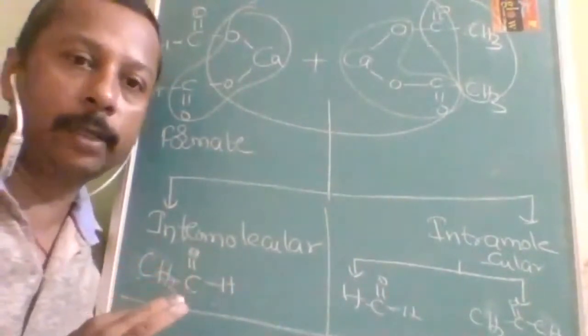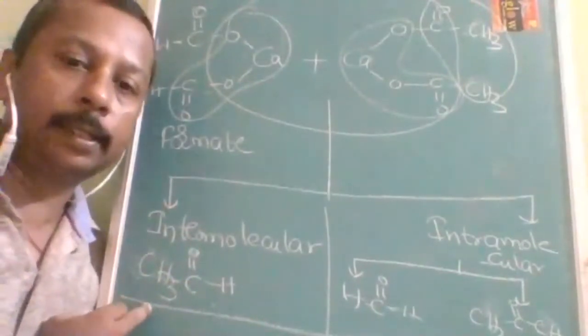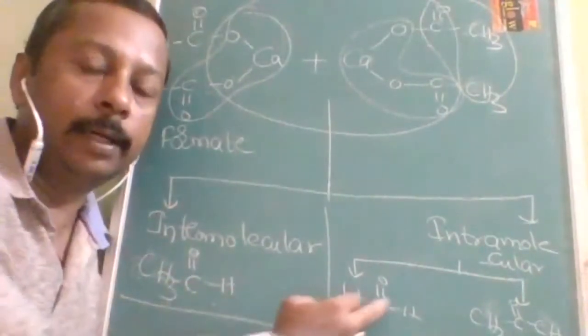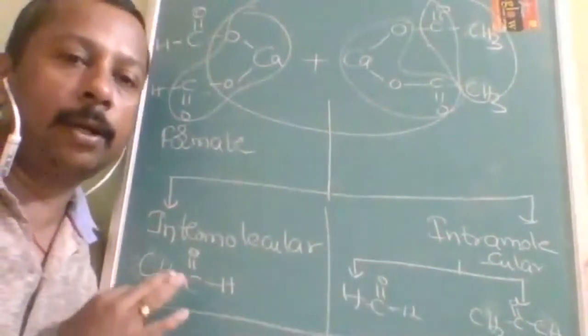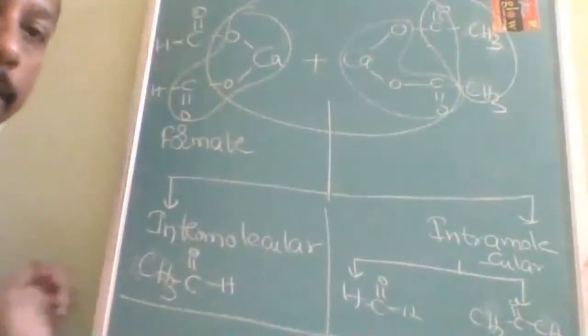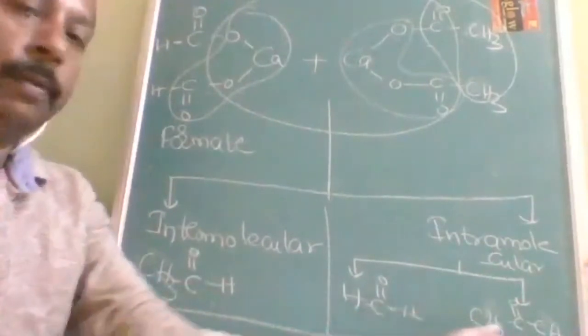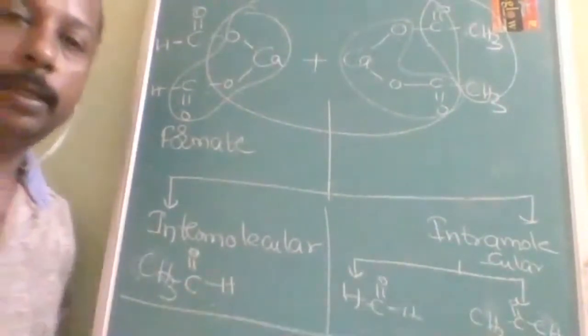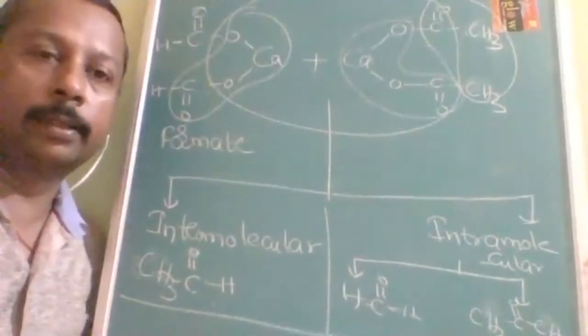So this is the method not to be used, because we are interested in preparing one, but it is unnecessarily mixed with the two other products. That is the main problem.